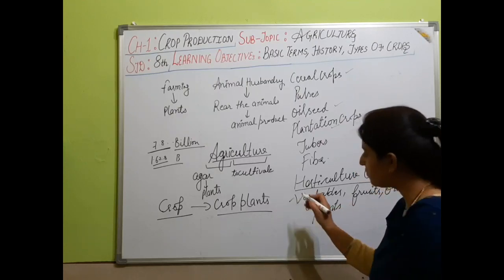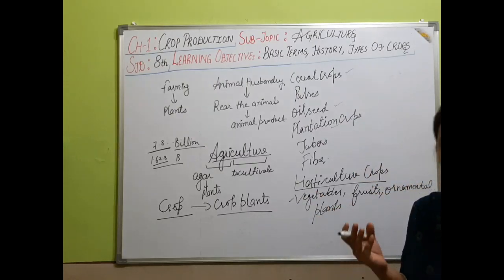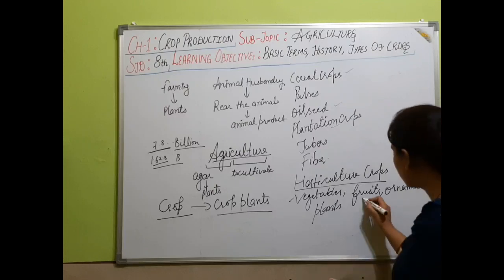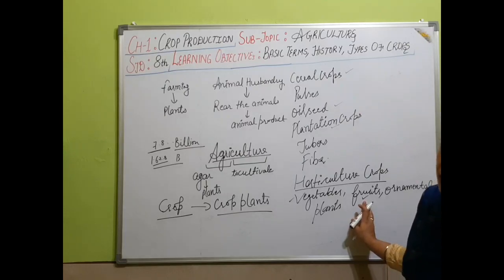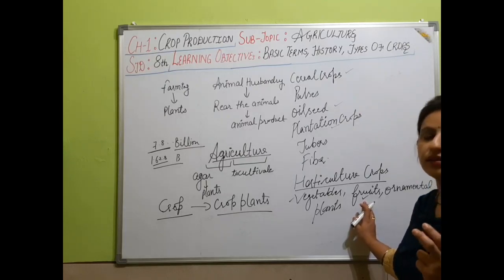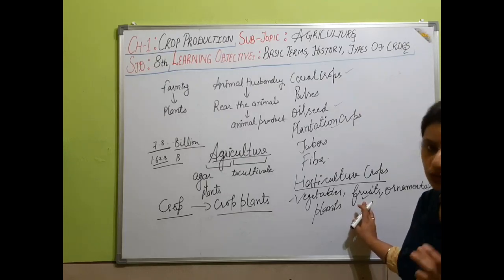In vegetables we grow a number of vegetables that we can eat. If we go for fruits, there are a number of fruits which we can grow and have as food to eat.